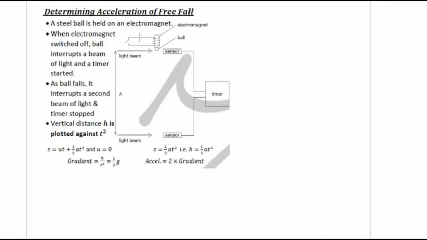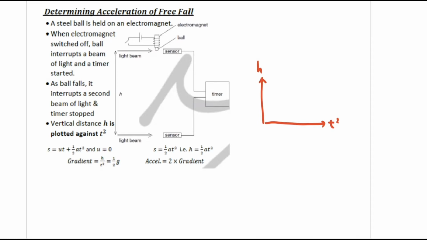So the graph is going to be like this, h against t squared. What kind of graph are we going to get? Look at the equation here, s equals ut plus half at squared. We take u equal to 0 because it starts from rest.